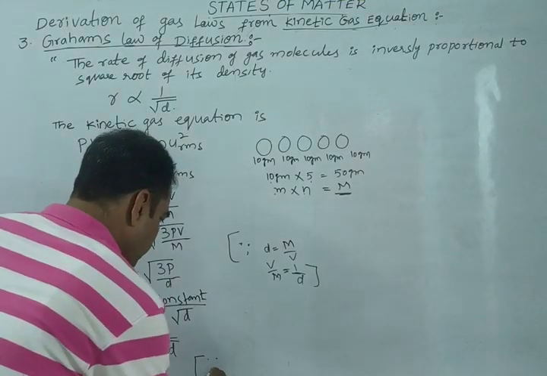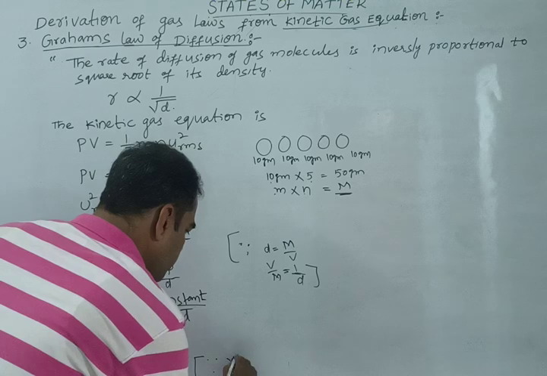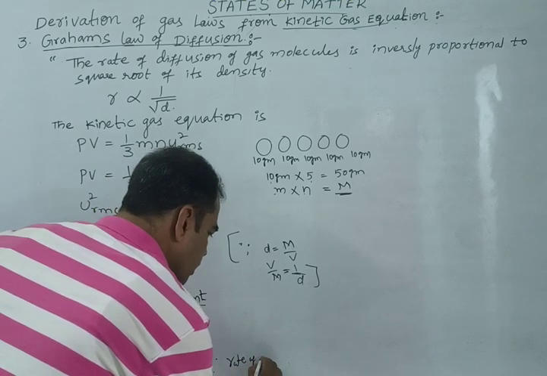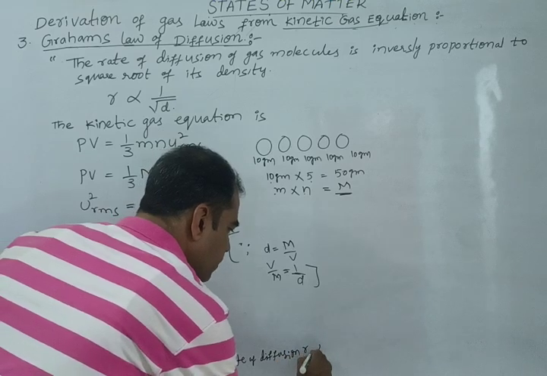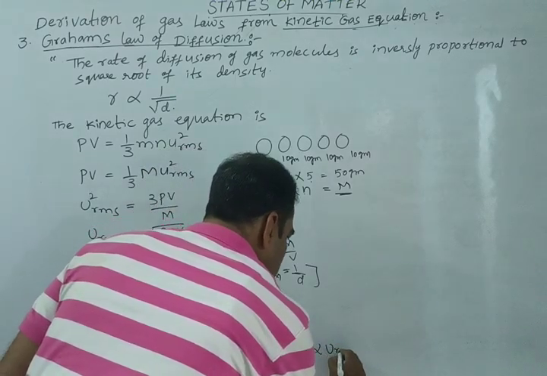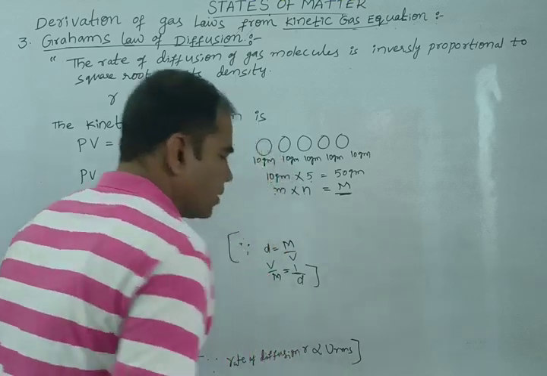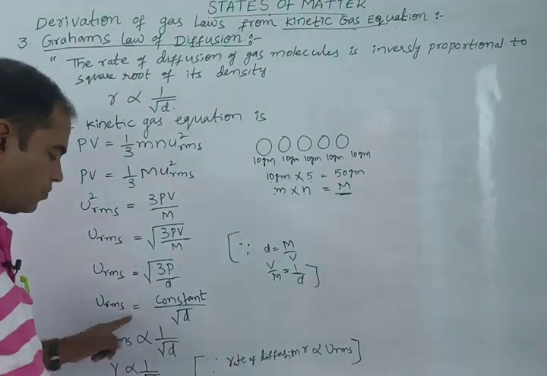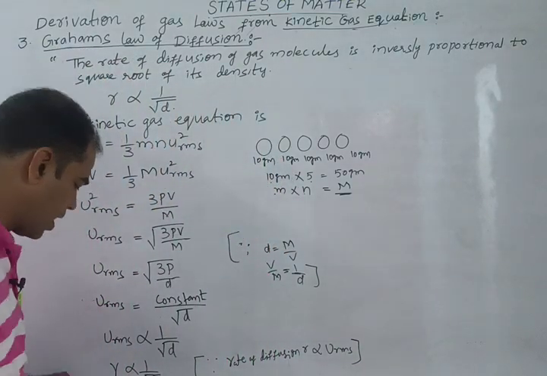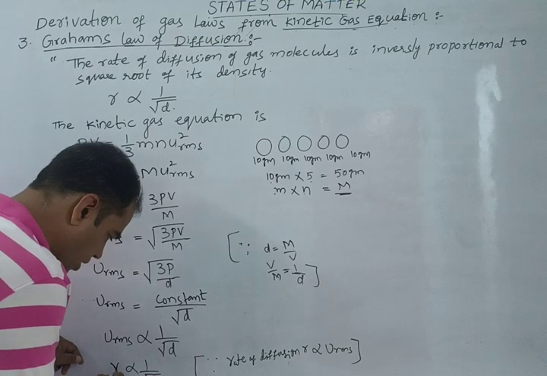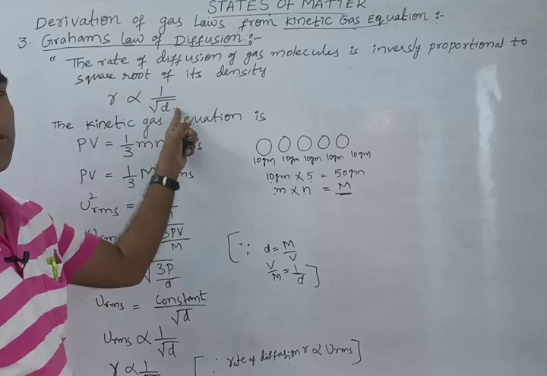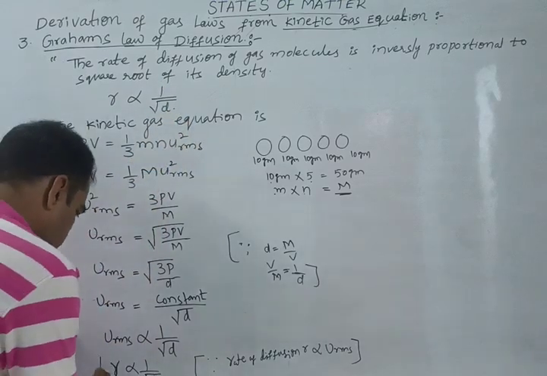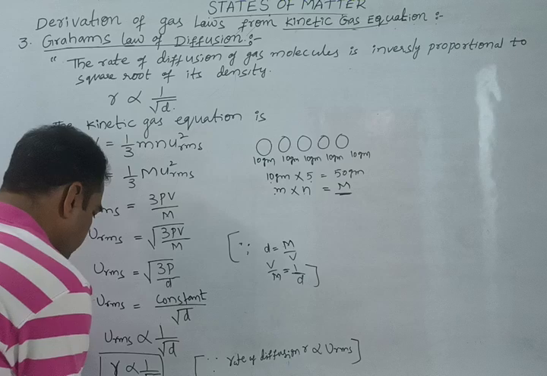Otherwise, you can represent it like this: the rate of diffusion is proportional to U RMS. That is the reason why, instead of U RMS, I can take the term R. R means rate of diffusion. Rate of diffusion is inversely proportional to the square root of its density. So this is Graham's law of diffusion.